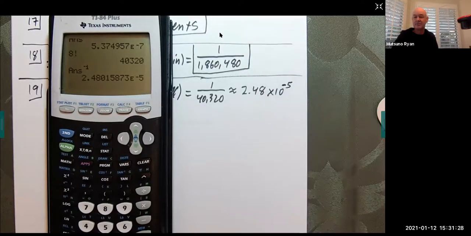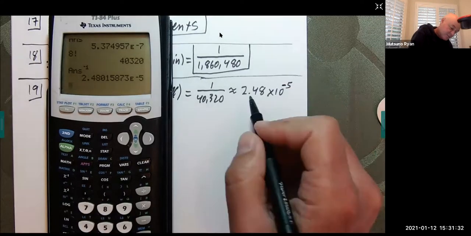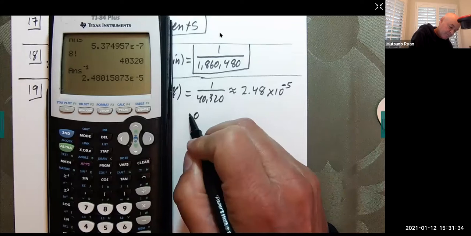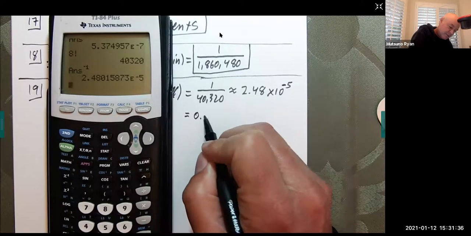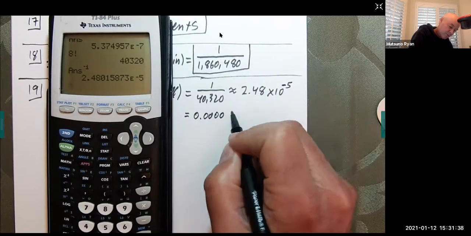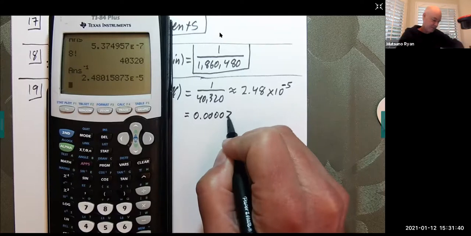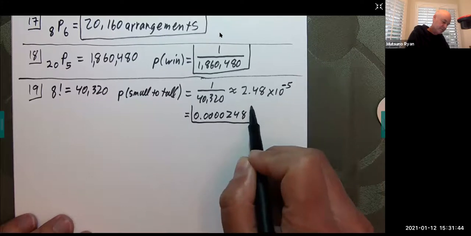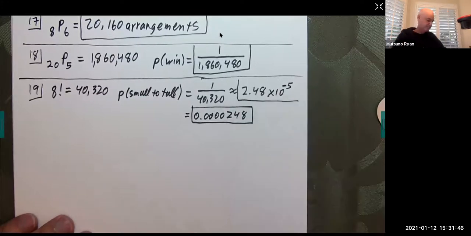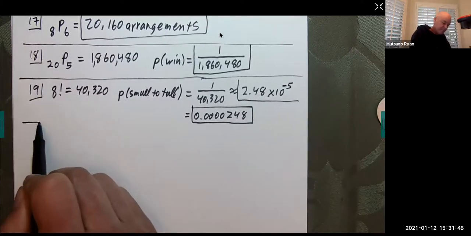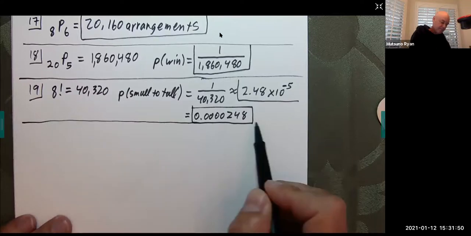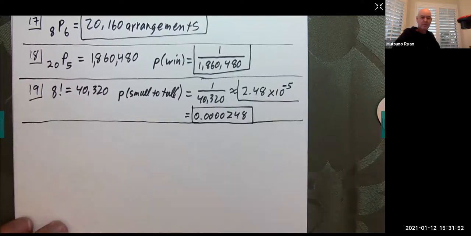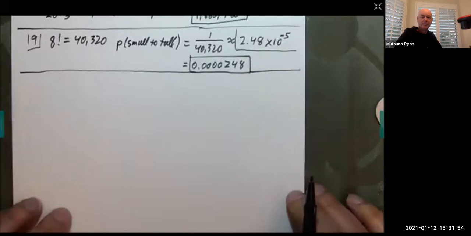I would accept that as an answer. That would be a correct answer. You could also move the decimal, so 0.0000248. So either of these would be acceptable answers.